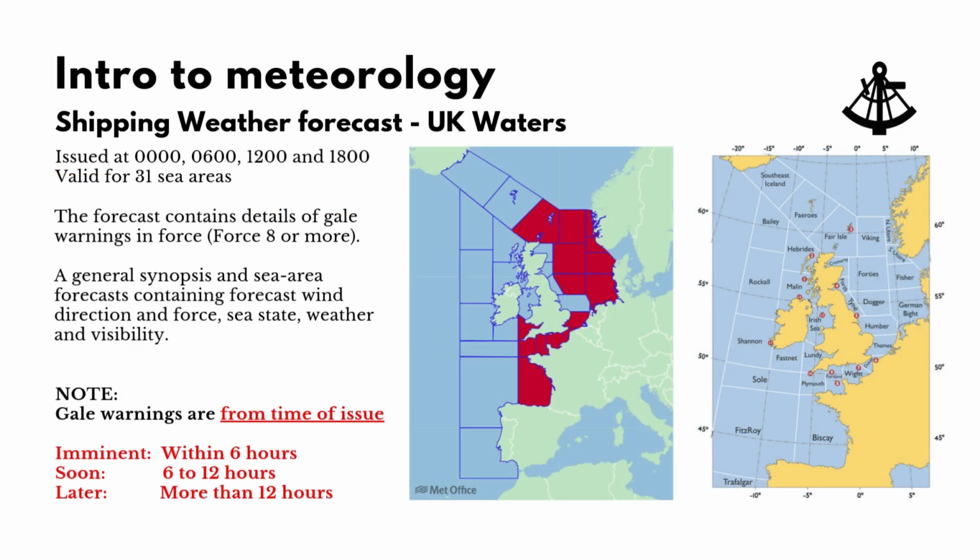In the UK, for the high seas and offshore sailing, we have the shipping forecast, giving a general synopsis and weather forecast for 31 sea areas around the British Isles. It also issues gale warnings for force 8 or above winds. Gale warnings are valid from the time of issue.